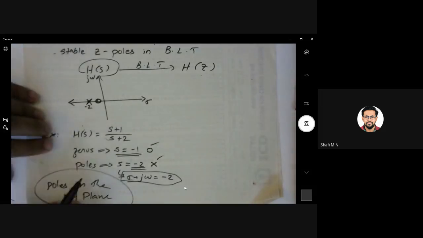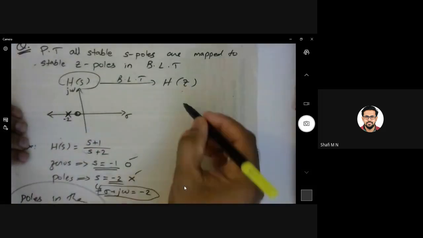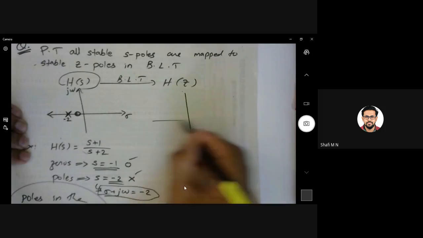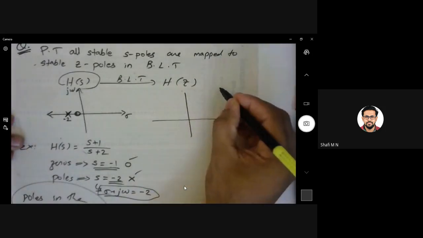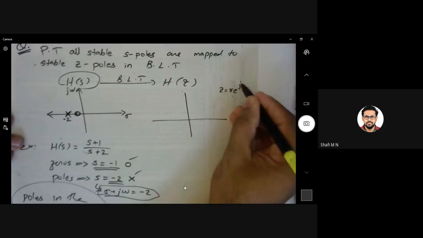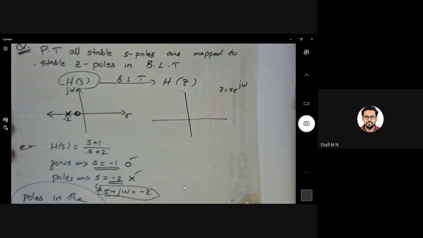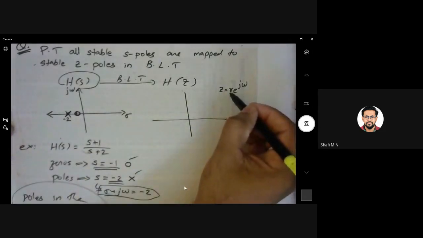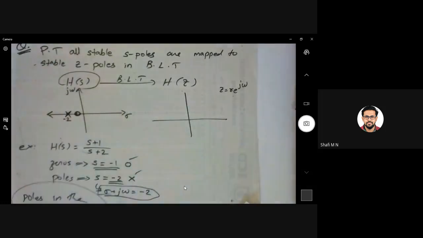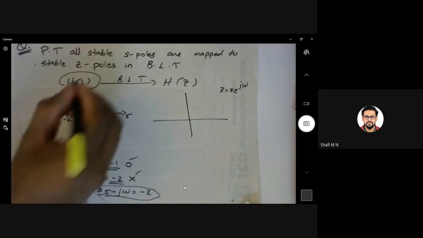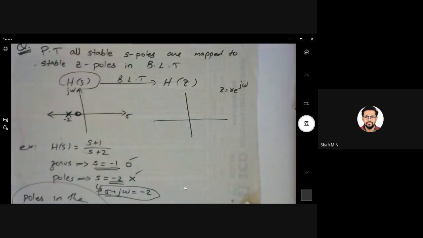To prove that, you should have knowledge about stability in the Z-plane. Z is actually r e raised to j omega, right? So you will have circles of magnitude r. In the S-plane, the left half is stable, the right half is unstable, and on the imaginary axis it is marginally stable.